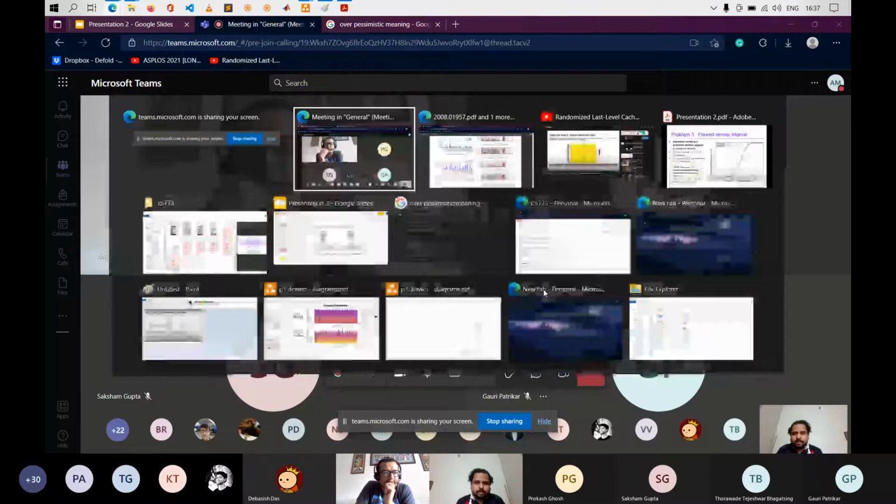Hey Arnav, I can't see your screen. Is this only me or others are also facing the same? His screen got stuck on screen sharing. Arnav, could you fix it before you present? Sure.